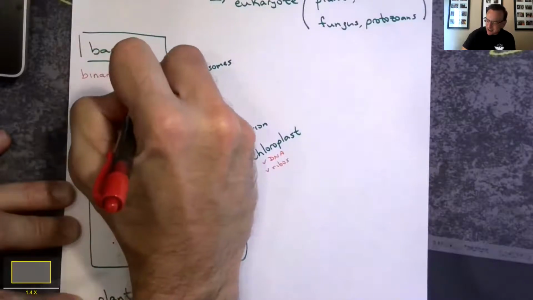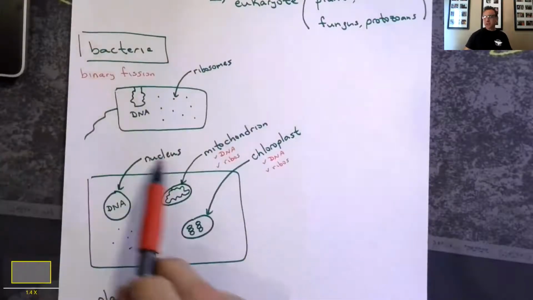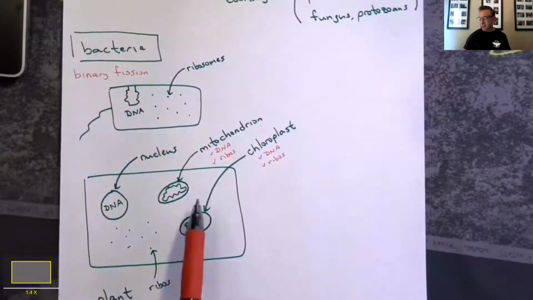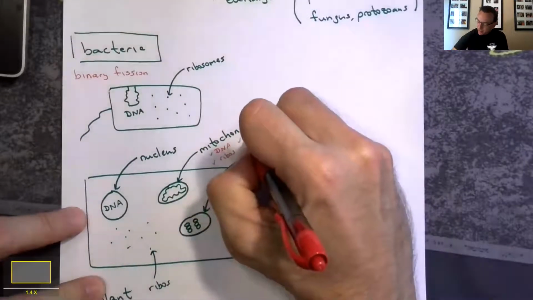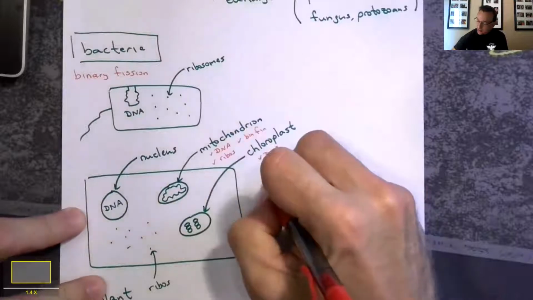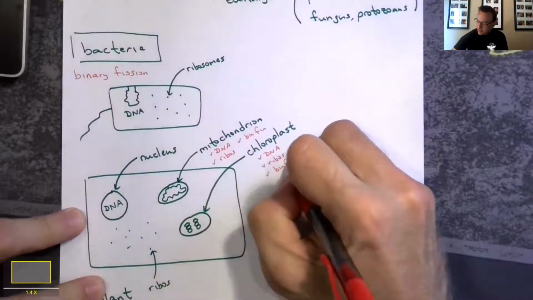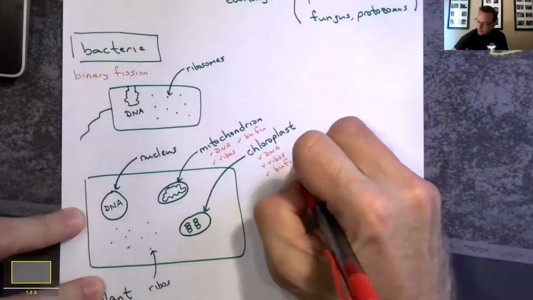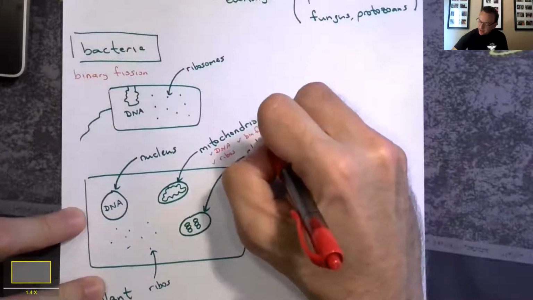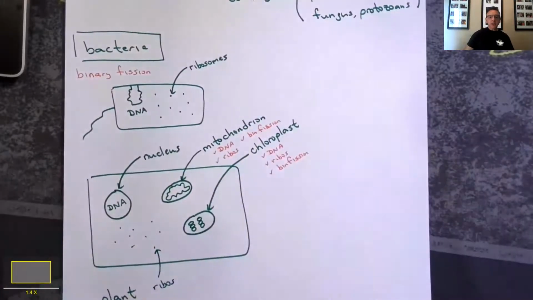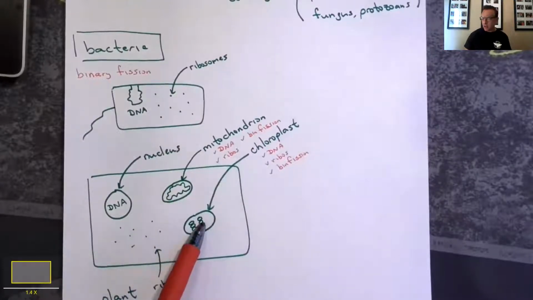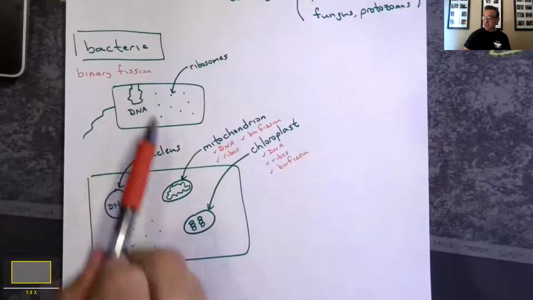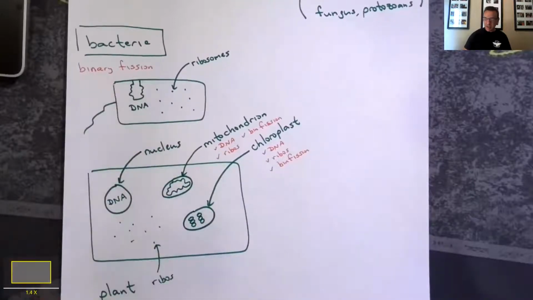And we basically talk about this in high school. You'll get this more in college. And guess what? Mitochondria and chloroplasts both reproduce by a process that's really similar to binary fission. So it's almost like mitochondria and chloroplasts are like bacteria. In fact, they are extremely similar to bacteria.